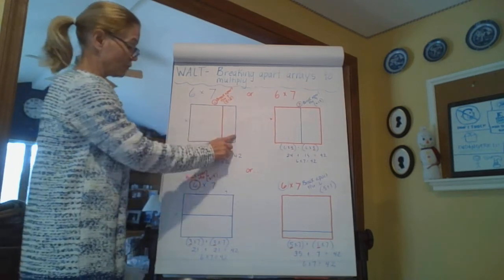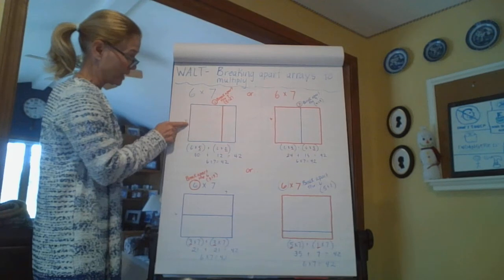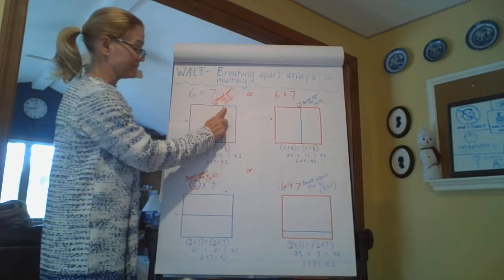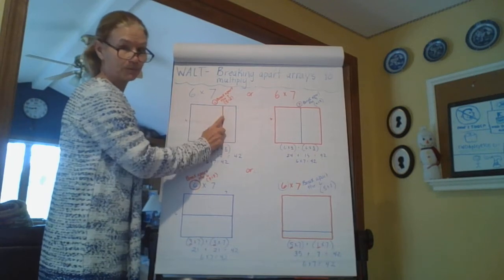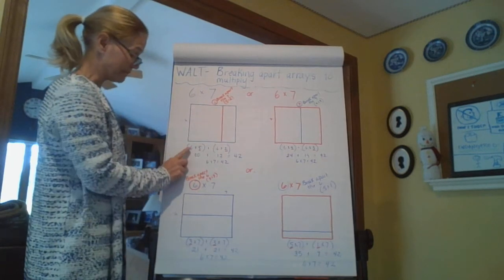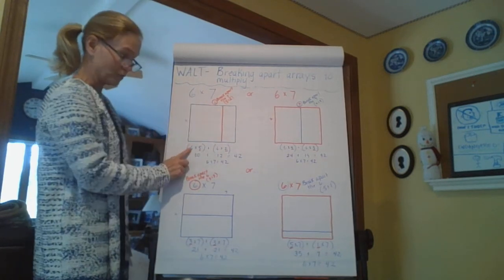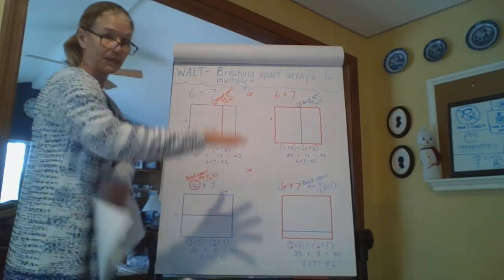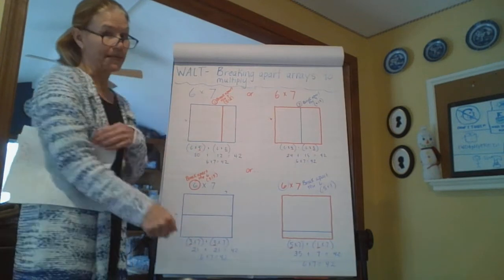So I drew my array. And I have 1, 2, 3, 4, 5, 6 rows with 1, 2, 3, 4, 5, 6, 7 in each row. If I'm going to break apart the 7, I keep my first factor, 6. My 7 became 5 plus 2 because 5 and 2 make 7.